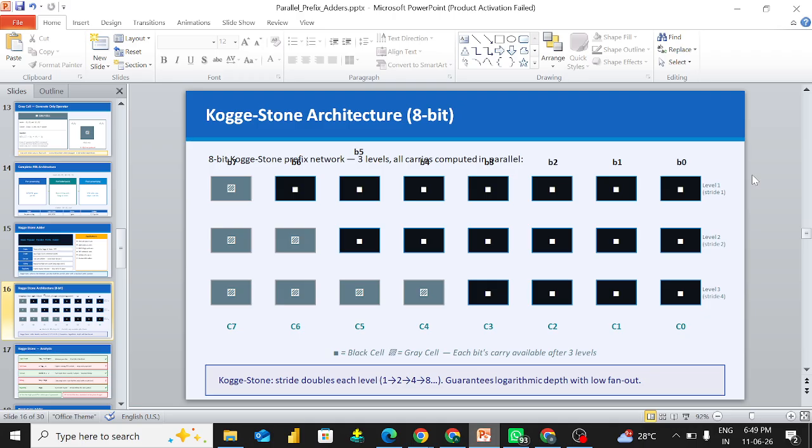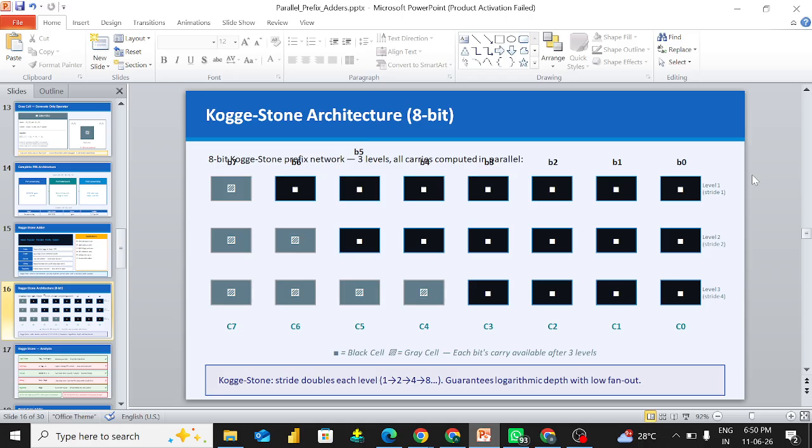So how are you going to divide it into levels? If you assign all the bits and divide them into some parts, that should be your basic first level. You can call this a stride also.